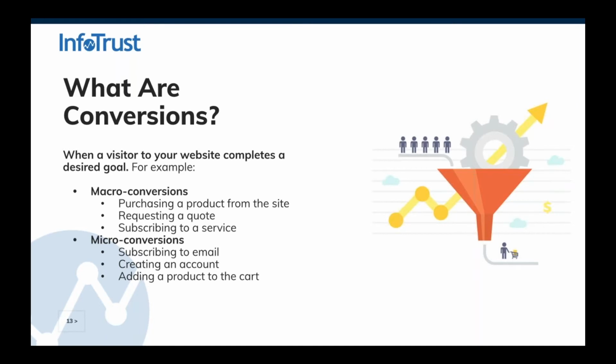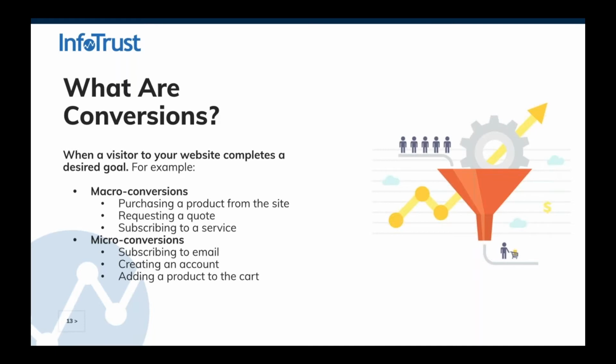So what are conversions? If you're using an analytics tool, which I'm sure a lot of you are, this may be something that you're reporting on a regular basis. So, some key outcome that you want a visitor to do during their session. Some of these desired goals may be macro conversions or micro conversions.